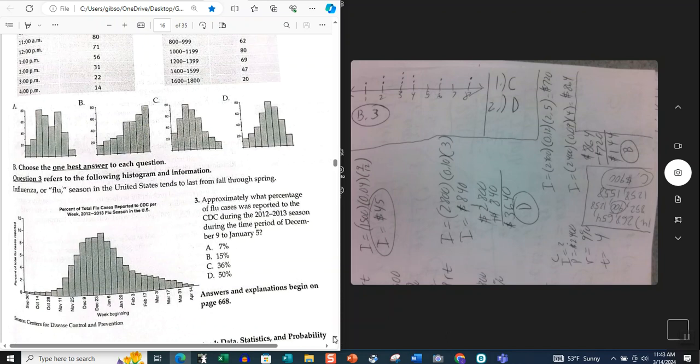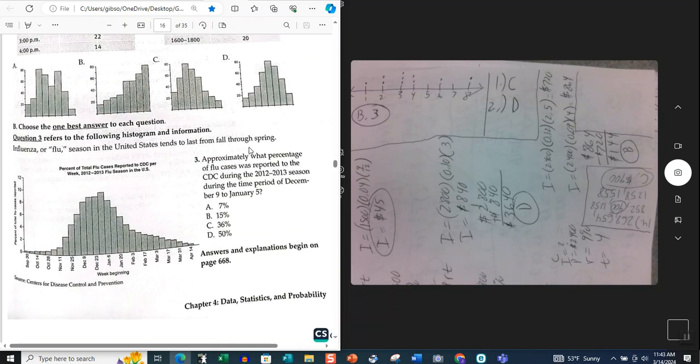Number 3: approximately what percentage of flu cases was reported to the CDC during the 2012-2013 season during the time period December 9th to January 5th? December 9th to January 5th will be about here.